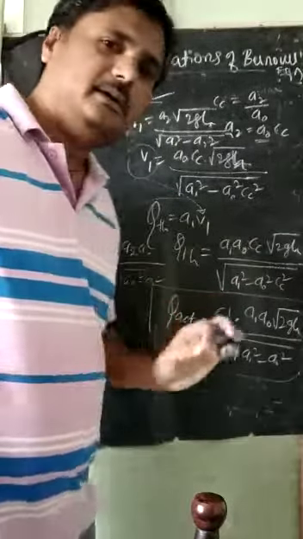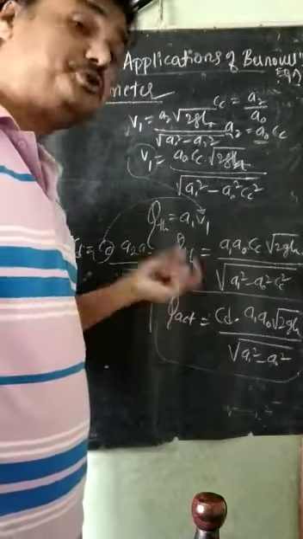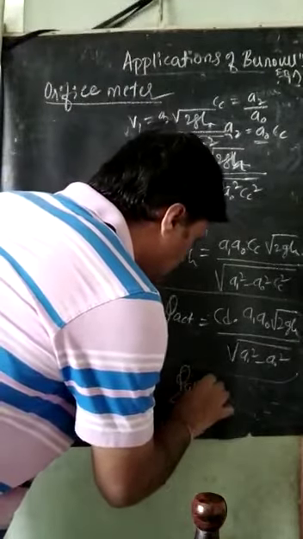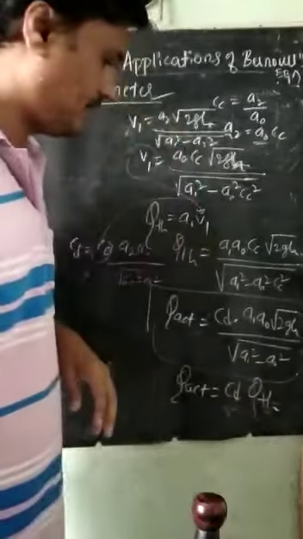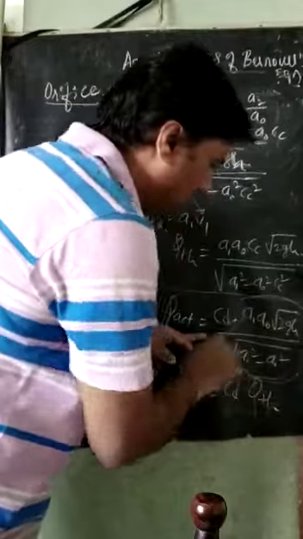So finally we have the equation for the actual discharge. Actual discharge is equal to CD into Q of theoretical. Q of theoretical is this equation here.